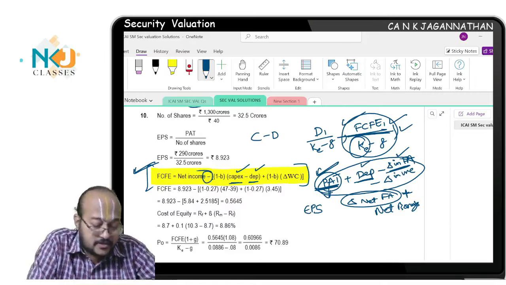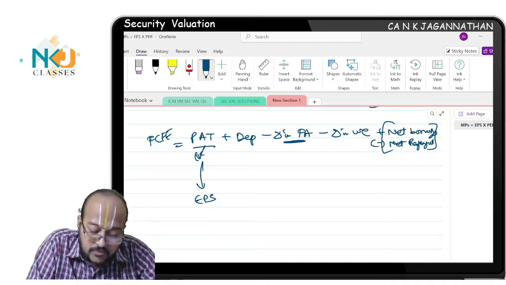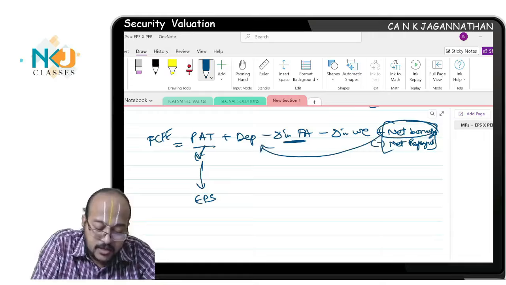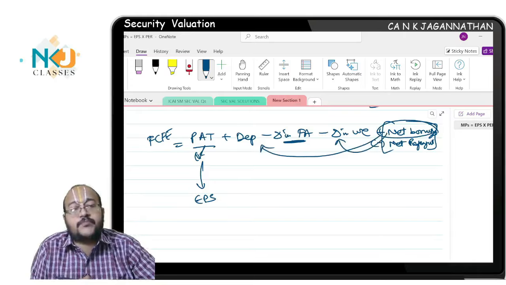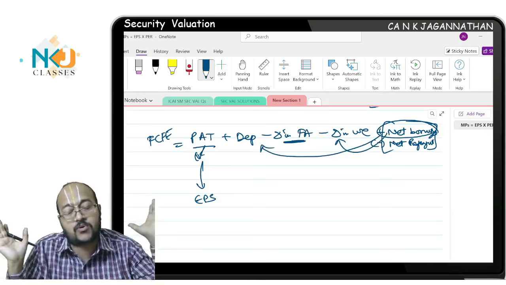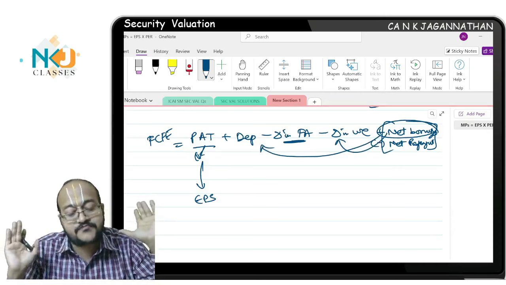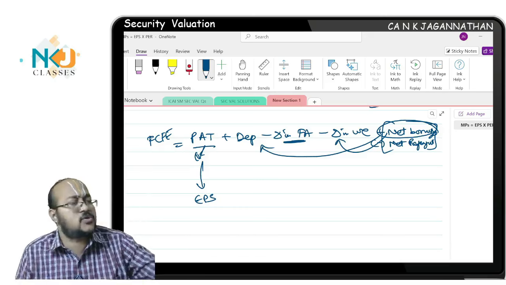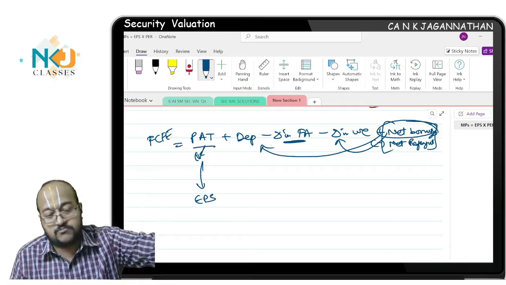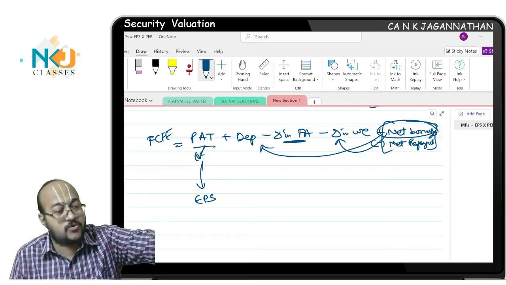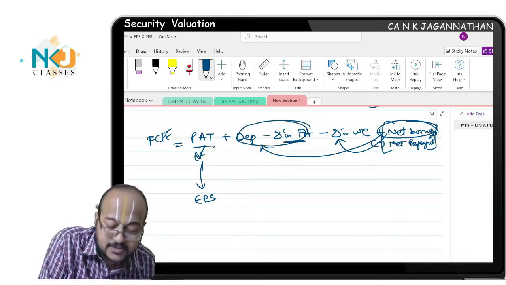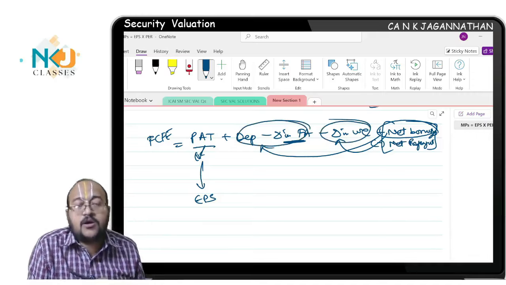One adjustment is that I now use borrowings. The borrowings I adjust in net fixed assets and in working capital. Assume the borrowing ratio of the company, out of the total capital structure, is 27% debt. I can adjust that 27% against net fixed assets and net working capital on a per share basis.